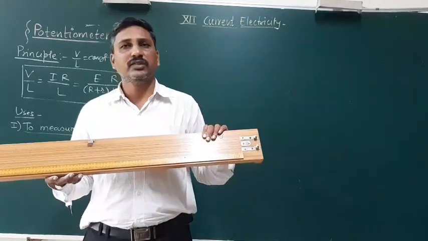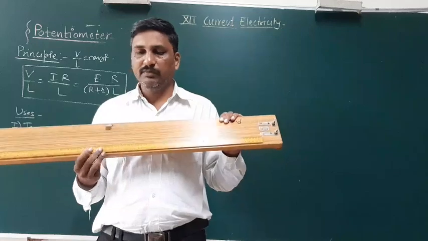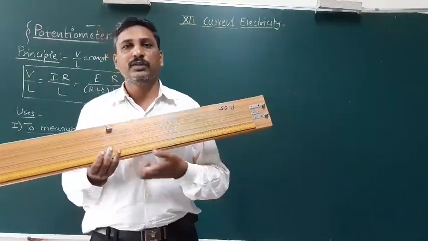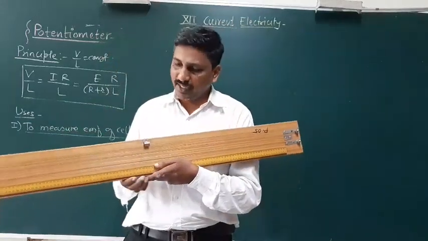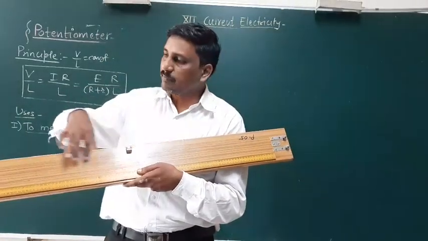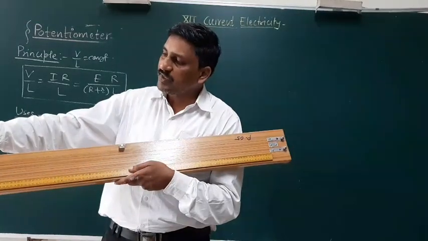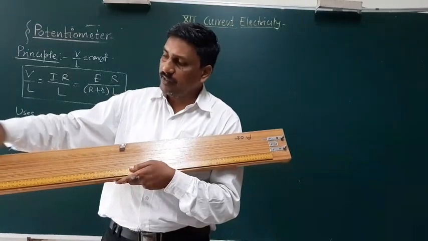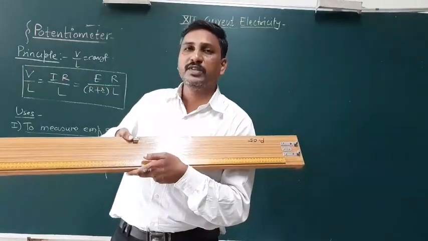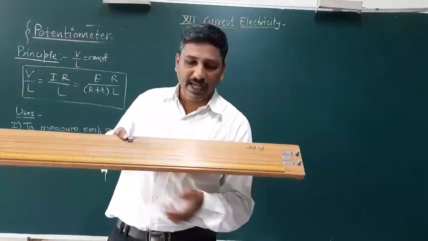In a meter bridge, the length of the wire is exactly 1 meter. Here the length of the potentiometer wire is about 4 meters. In practice there are four 1-meter segments joined together here. So there is one thin uniform wire of about 4 meters.